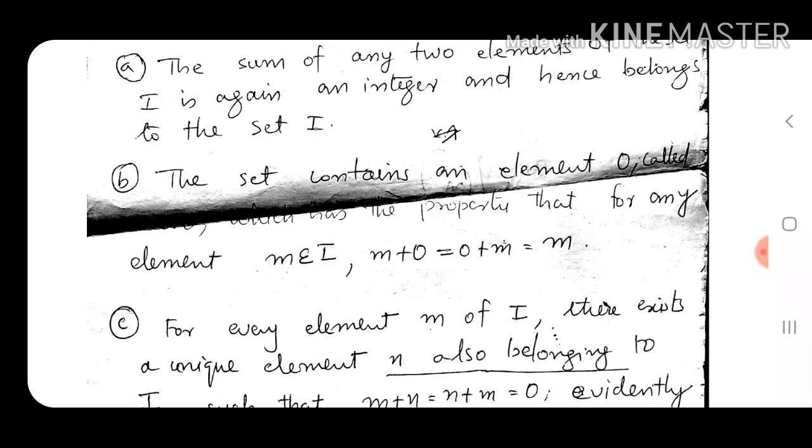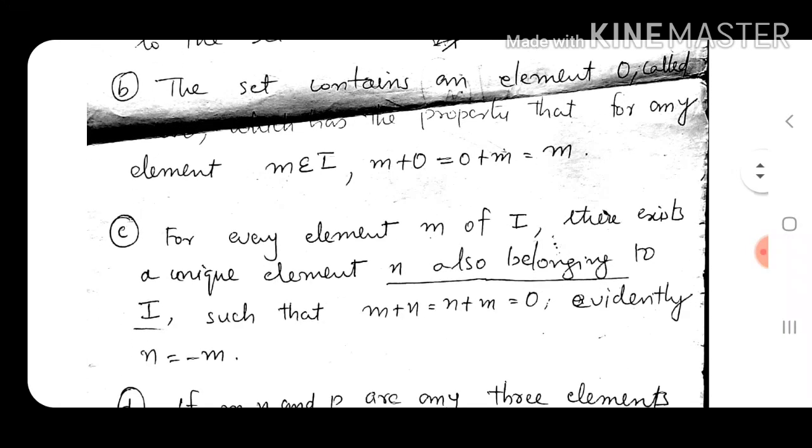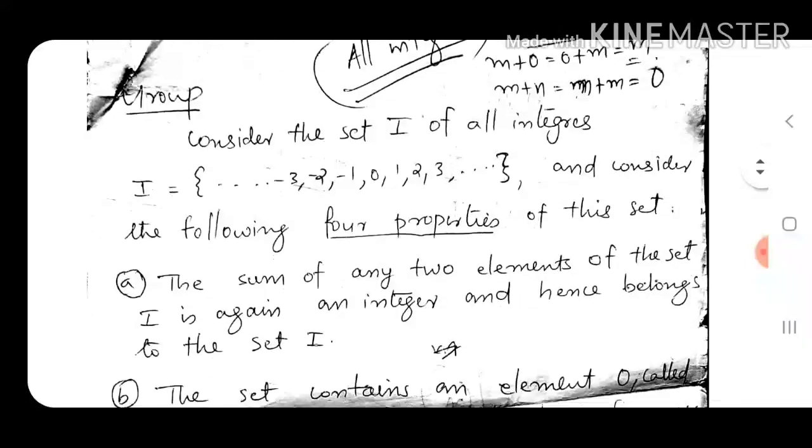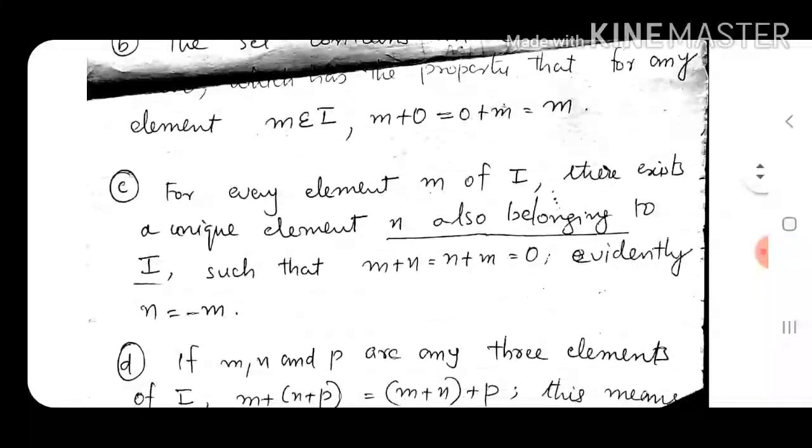Now, the property C: for every element m of I, there exists a unique element n, which also belongs to the set I, such that m plus n equals n plus m, which is equal to 0.